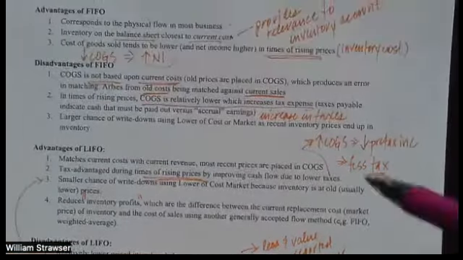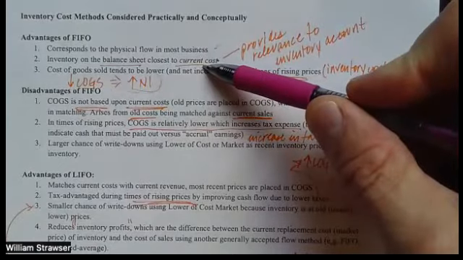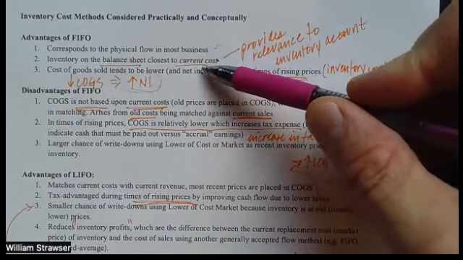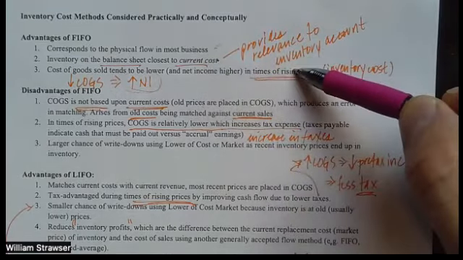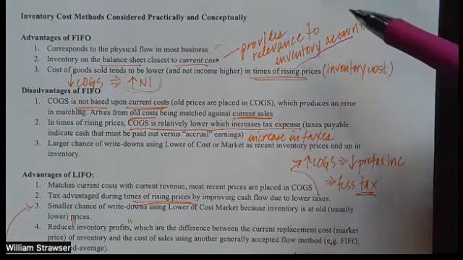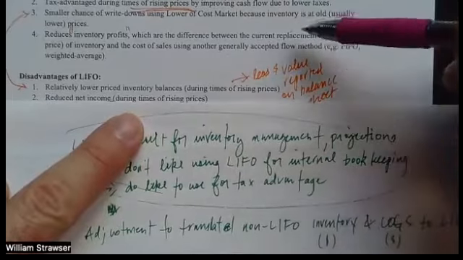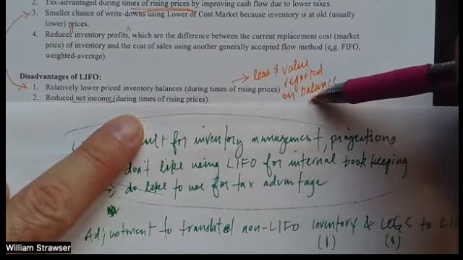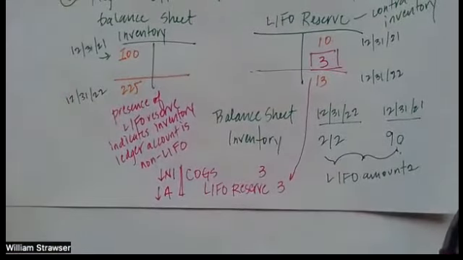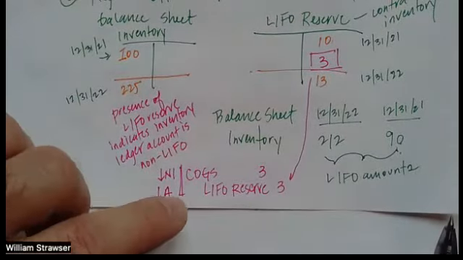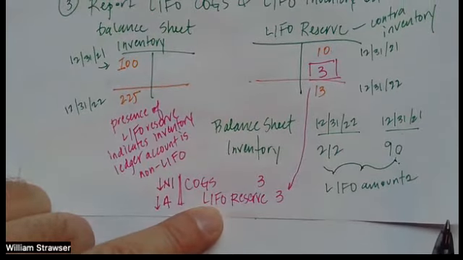When I move from FIFO, which puts the most current costs on the balance sheet, and during times of rising prices that'll be higher costs in the inventory account, to LIFO, which during times of rising prices reports fewer dollars in inventory on the balance sheet, it makes sense that we're going to have a lower amount of inventory being reported.